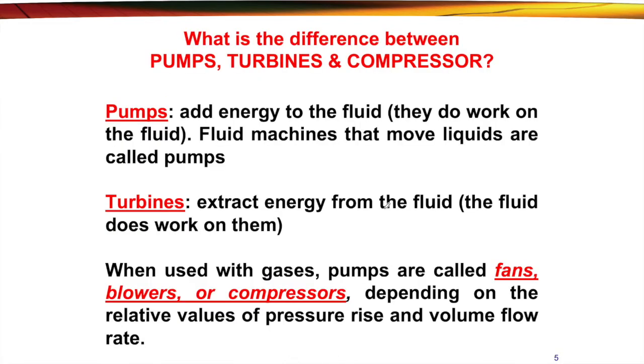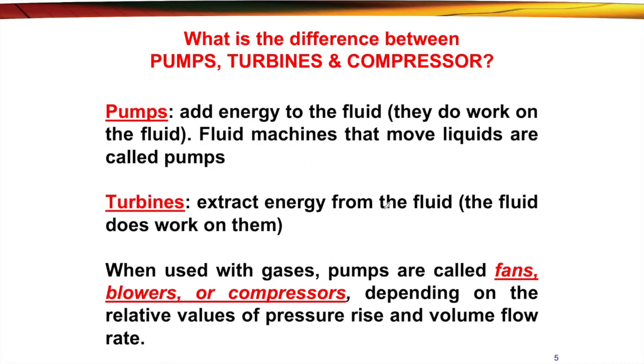So there is a difference between pumps, turbines and compressors. You will see these kinds of equipment in chemical engineering. For the pump, it adds energy to the fluid. So when you add the energy, then the fluid does the work. For the turbine, it will extract energy from the fluid.